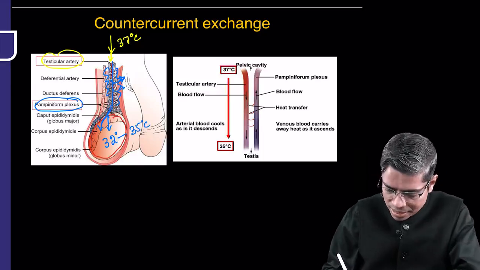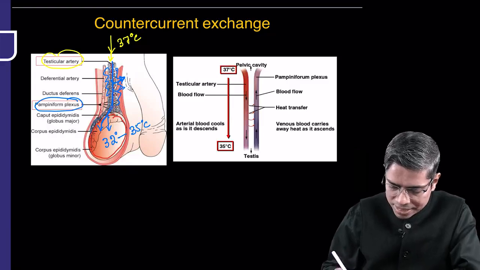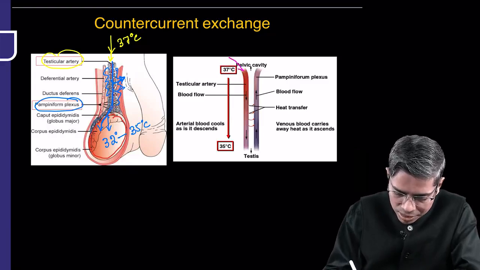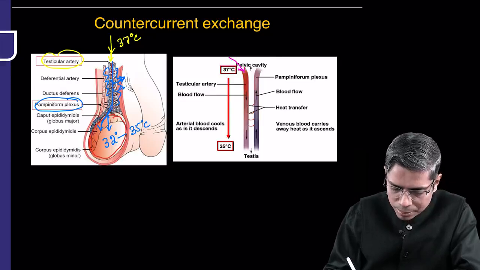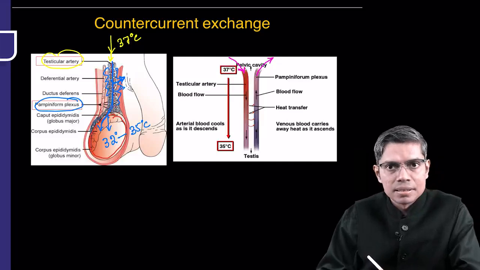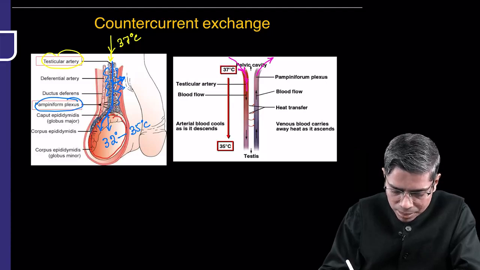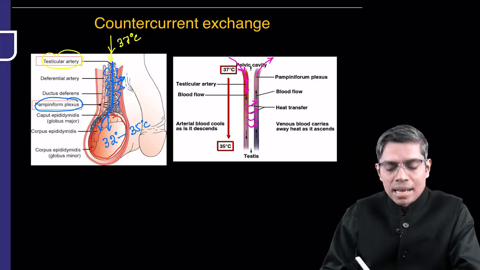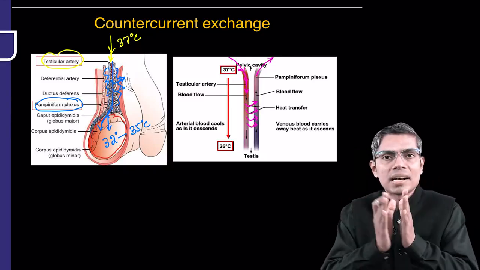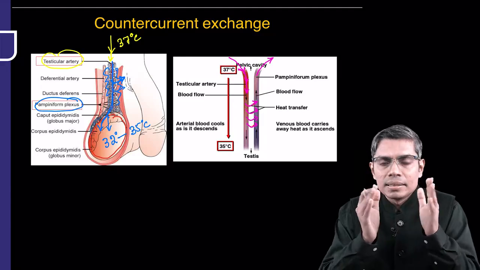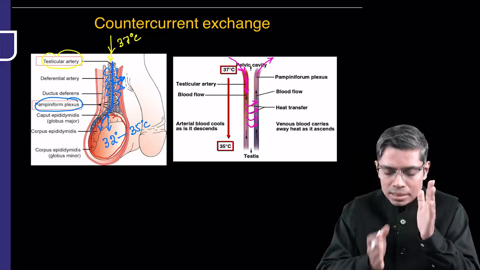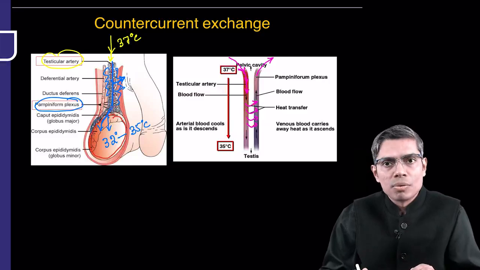So, look at this diagram, which has been simplified on your right hand side. This is the testicular artery which is bringing blood towards the testis, and this is the pampiniform plexus, the venous plexus of the testis. Whenever the testicular artery is bringing blood towards the testis, there is exchange of heat from the artery towards the vein. These two tubes are parallel to each other, very close to each other, and the flow of blood is opposite to one another.